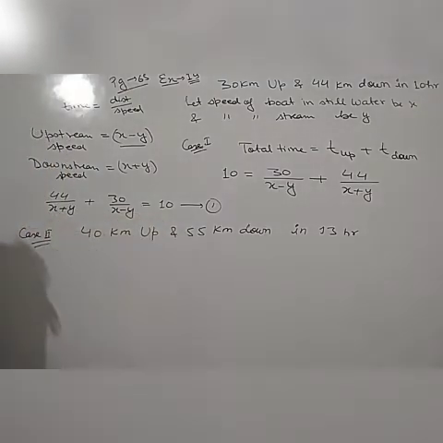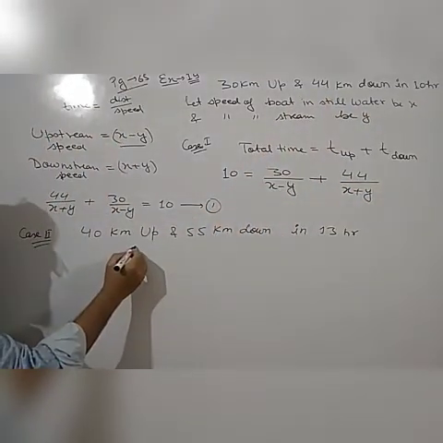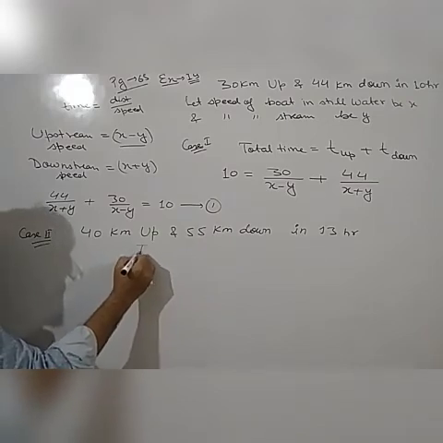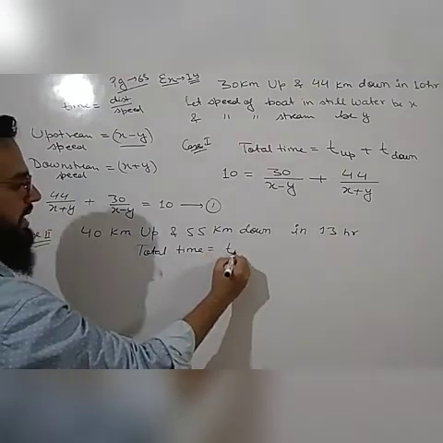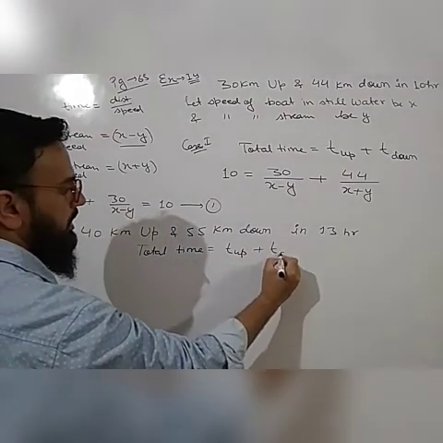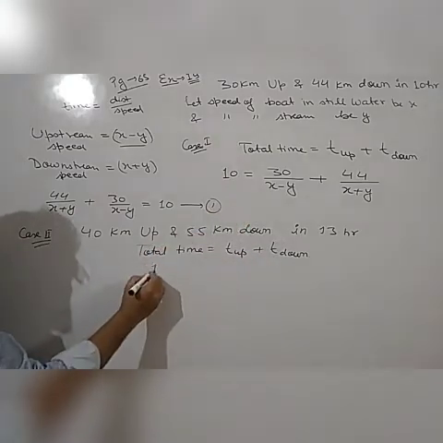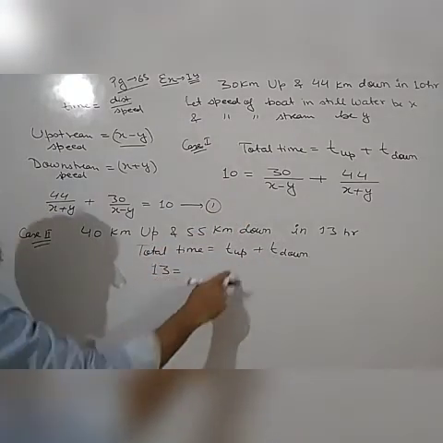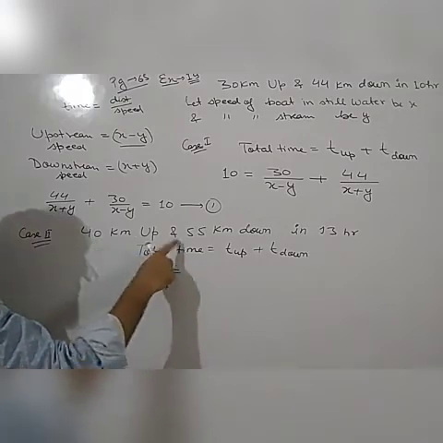So again we can write it as total time is equal to time of upstream plus time of downstream. What is total time? It is 13 hours. 13 hours is equal to time of upstream. It is distance upon speed.